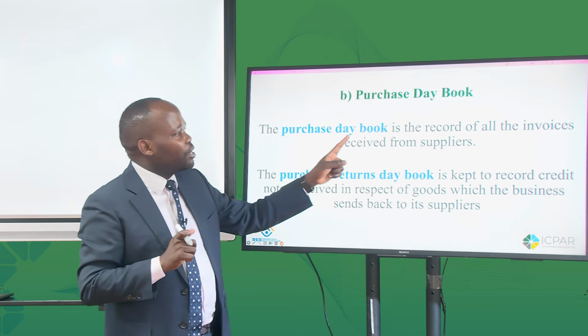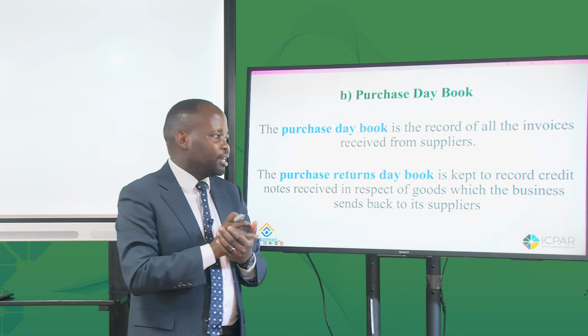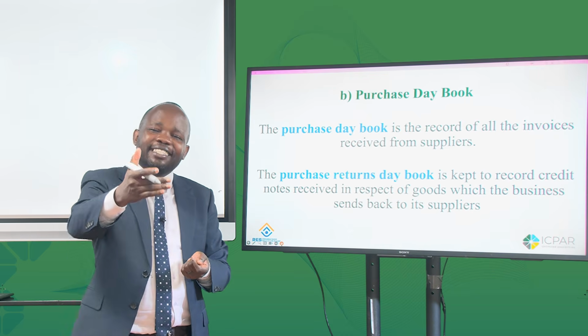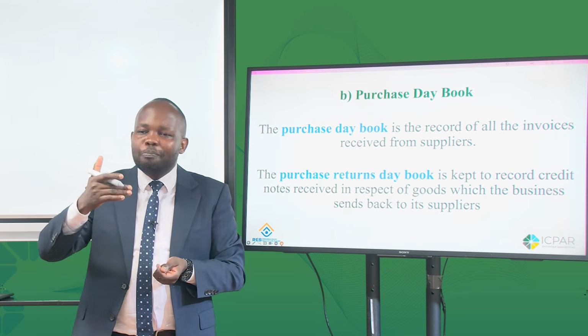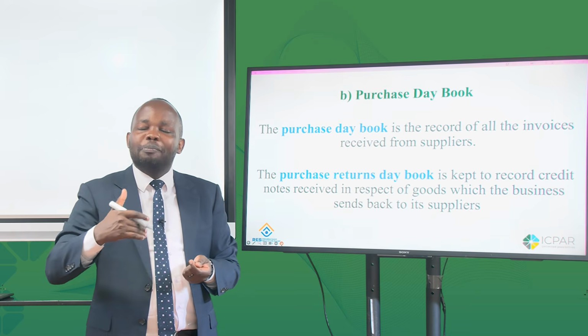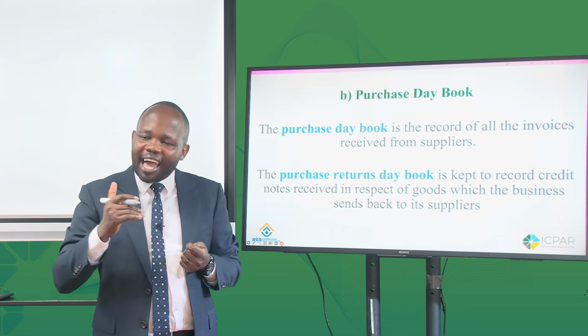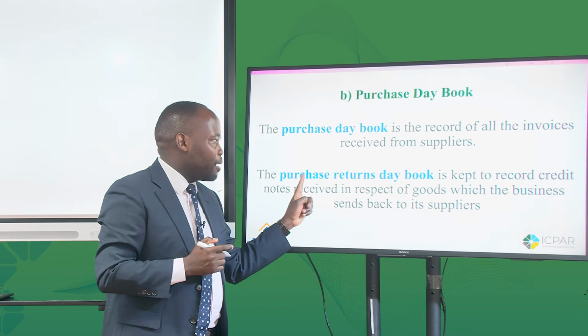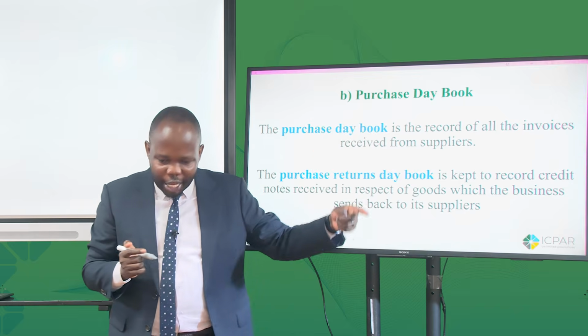The purchase day book is a record of all invoices received from suppliers. But we can also return some goods back to suppliers. When we return goods to suppliers, they are recorded in the purchase return day book.